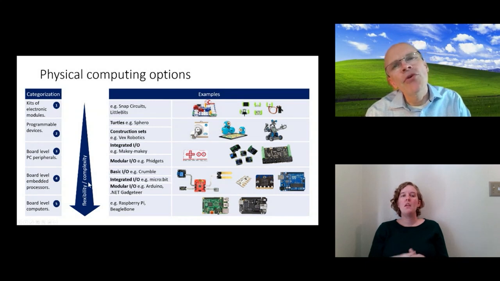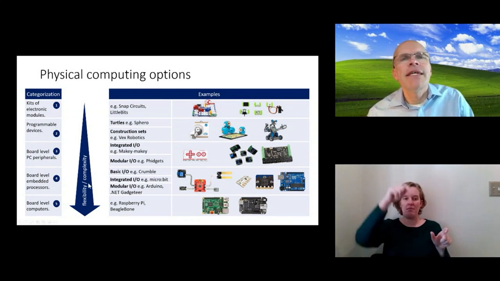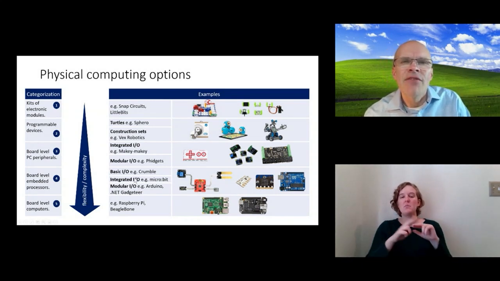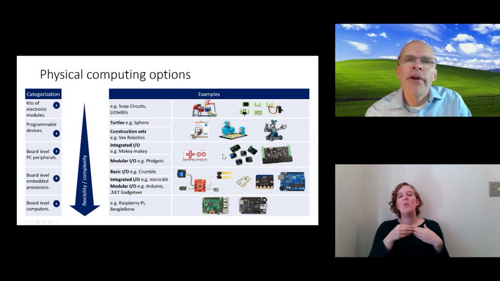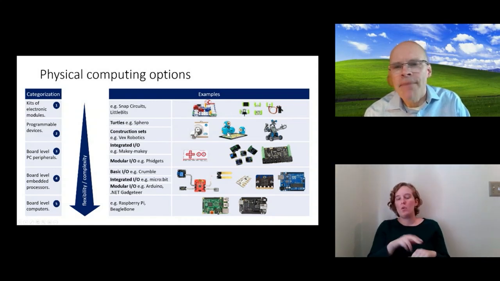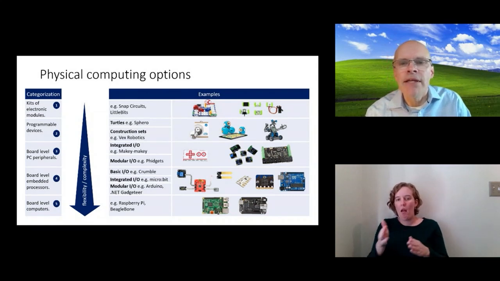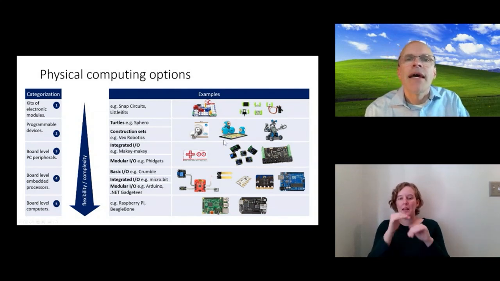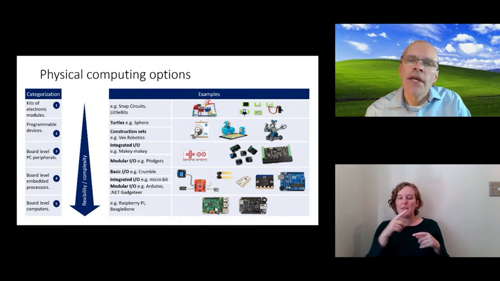As we move down through these different categories, there is increasing flexibility. Very broadly, the products at the top tend to be more constrained in the range of things you can do. In the case of a turtle, of course, you can map out any path you want, but fundamentally you're limited to mapping out paths. And as you move down the list, you get more flexibility.